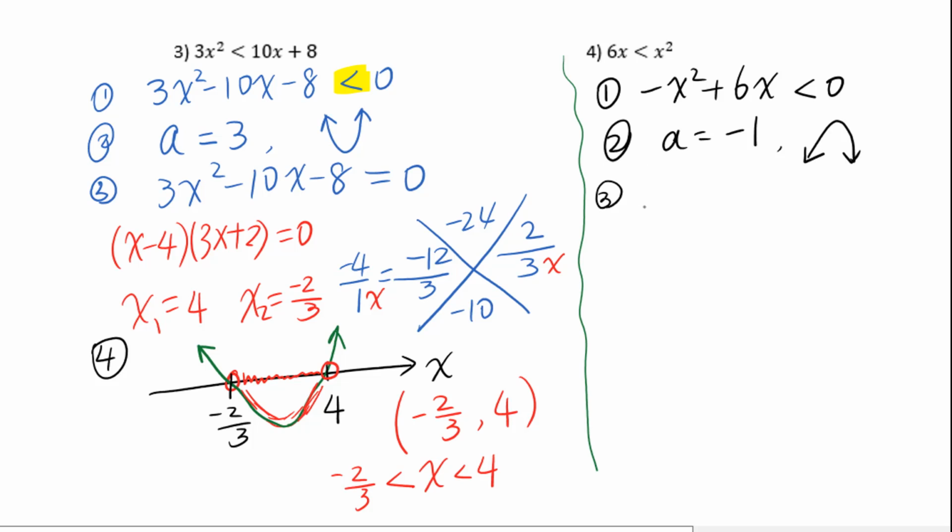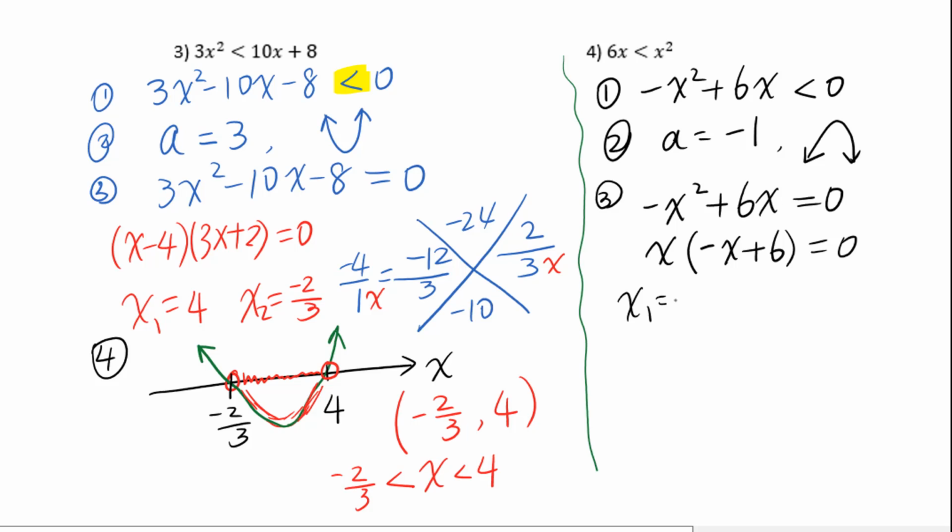Third step, set up -x squared plus 6x equals 0 to figure out the roots. x is the common factor, so we have x times -x plus 6 equals 0. Then we have x1 equals 0, or negative x plus 6 equals 0. Cross the river, change sign, you will get x2 equals 6.